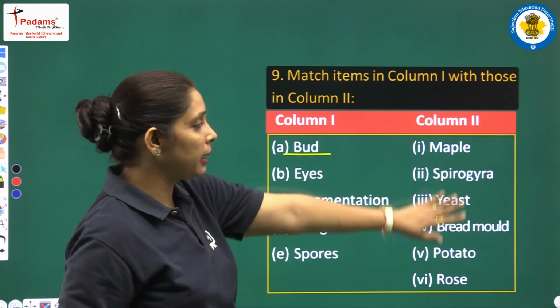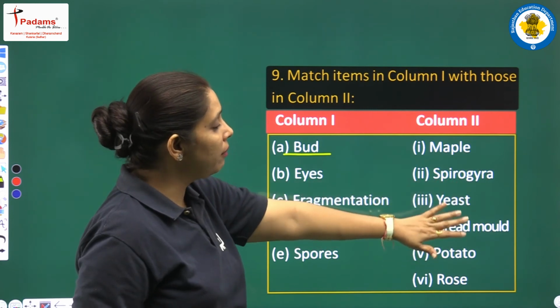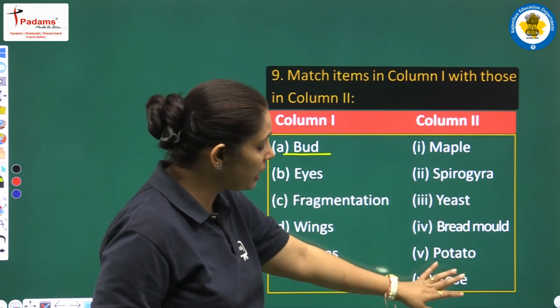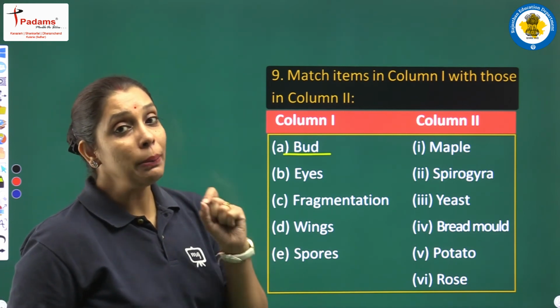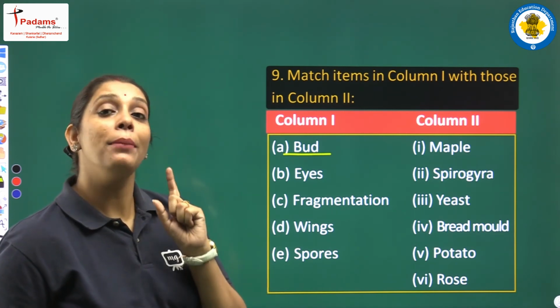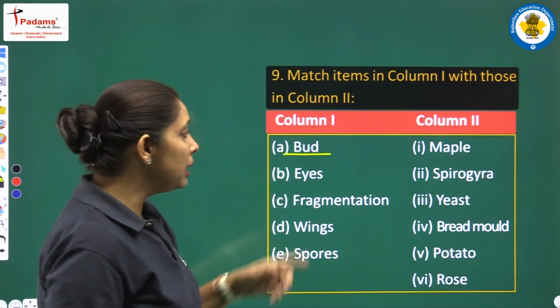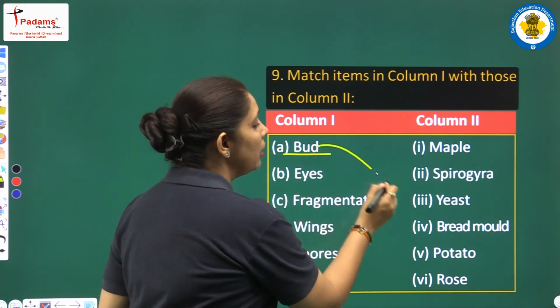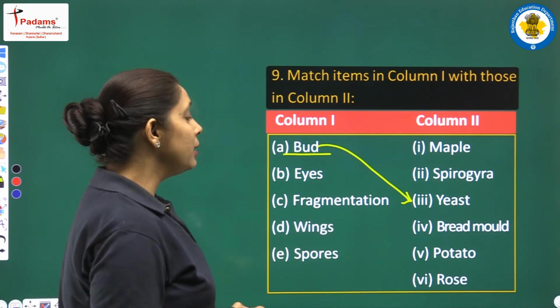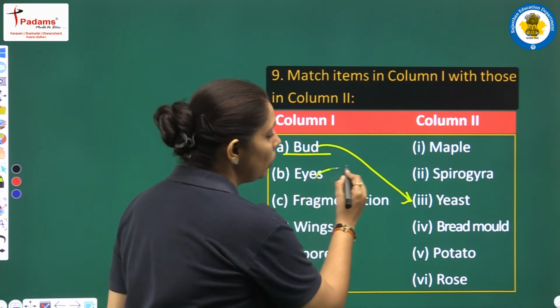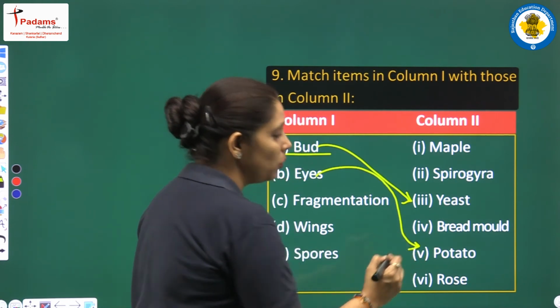Now let's read here: maple, Spirogyra, yeast, bread mold, potato, rose. Okay, fine. Potato also has buds, but we call them eyes. But here this bud will match with yeast. Okay, next one, eyes. Yes, eyes will match with potato.